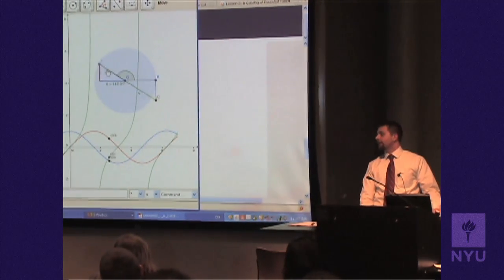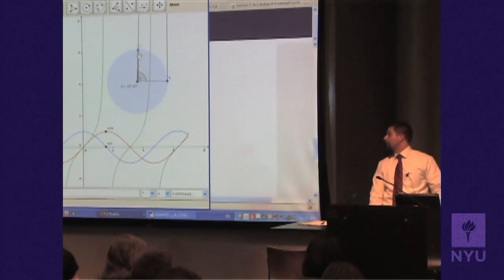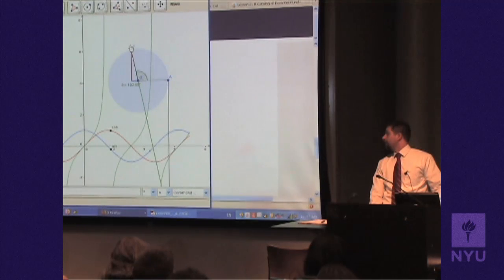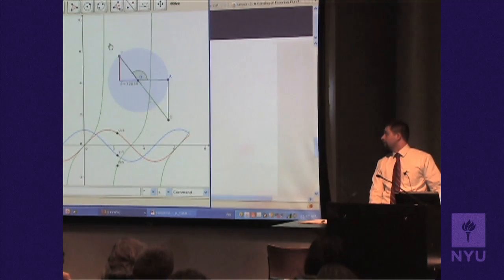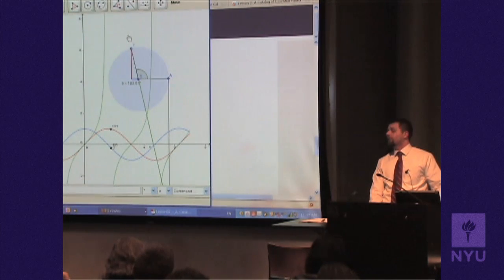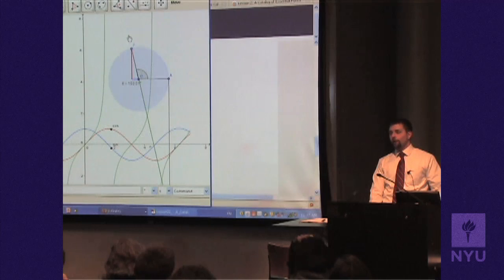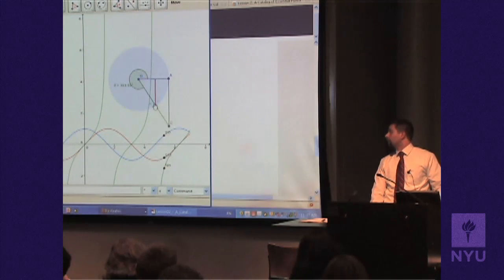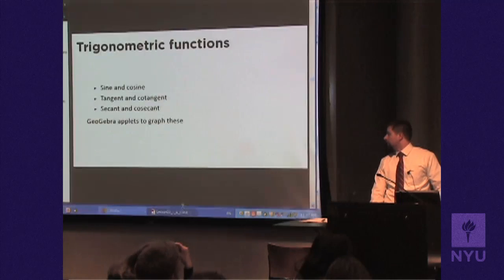Sine is confined between -1 and 1. Cosine is confined between -1 and 1. And tangent is not like that, though, because you can take something close to 1 for sine, close to 0 for cosine, and then their quotient will be very large. So the range of tangent is all real numbers. Okay, so those are sine and cosine.